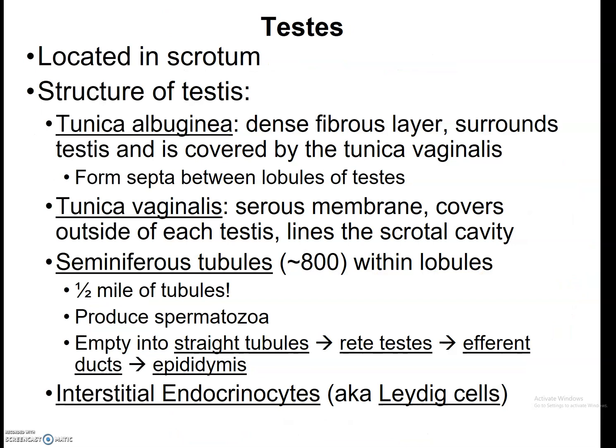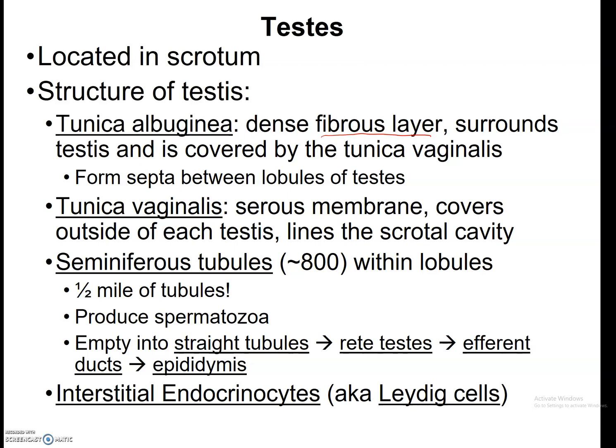So let's start with the testes. The testes are located inside of the scrotum, and the scrotum is several layers of skin and tissues that surround the tissue that produces gametes. The structure of the testes, if we were to section them coronally, starts with the tunica albuginea, dense, fibrous connective tissue that surrounds the testes and keeps them very protected.